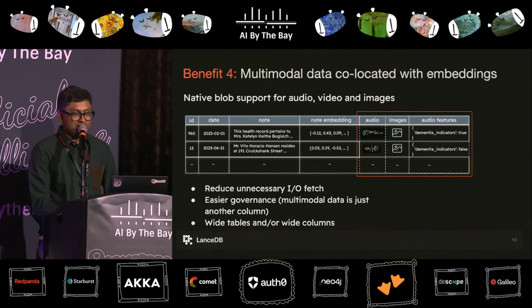This reduces any unnecessary I/O fetch because the data you're looking for in any downstream task is co-located with the unique identifier or pointer that you're going to use in your downstream application, including all the metadata associated with it. So this allows for easier governance. In LanceDB, multimodal data is just treated as another column.